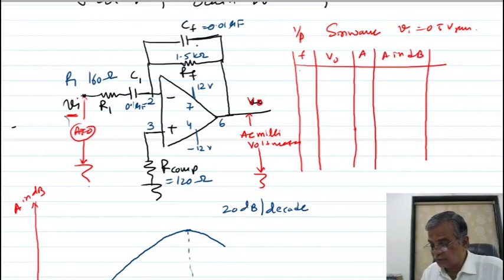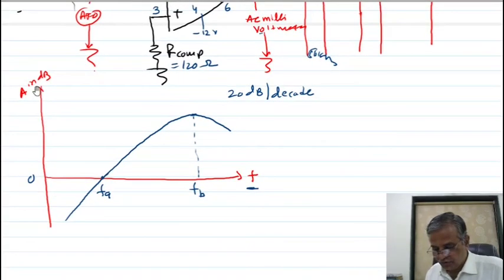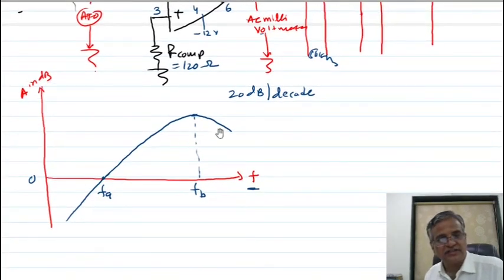Vary the frequency from 10 Hz to 50 kilohertz in proper steps. Note down the corresponding value of the output voltage. Find the value of the gain for each frequency. Plot the graph of gain in dB versus frequency.